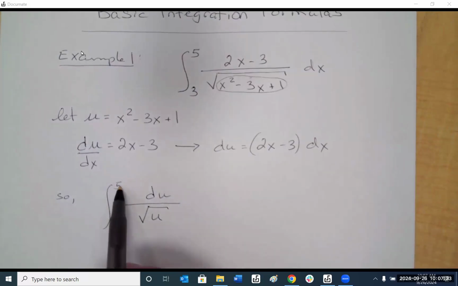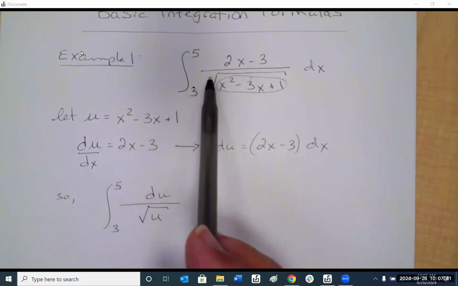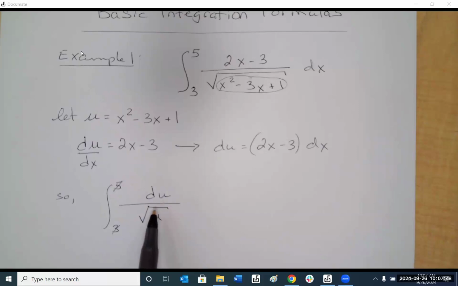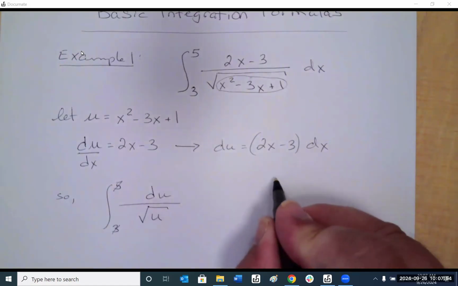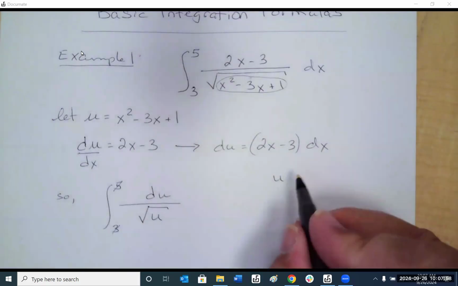Are these bounds with respect to u or with respect to x? With x. So we have to change these so they reflect the u function. So we have to look at what is u, because remember, u is a function of x.